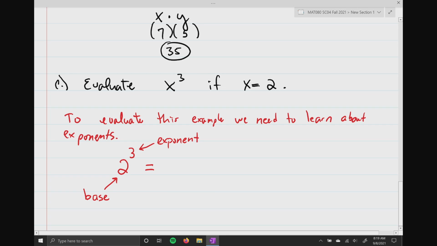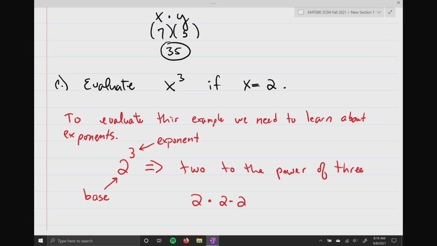So the 2 is called the base. The 3 is called the exponent. And this is read two to the power of 3, which means we're going to multiply the base however many times the exponent tells me.